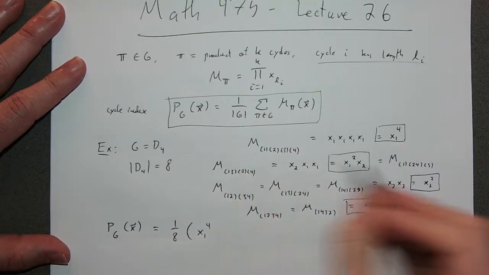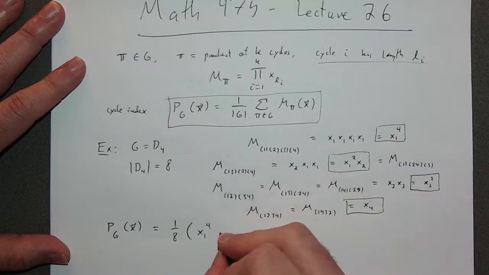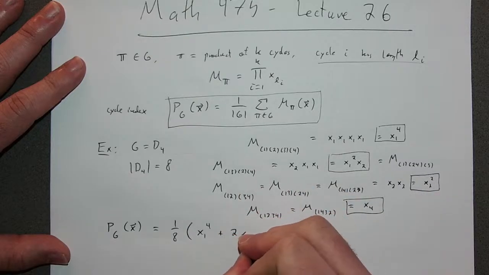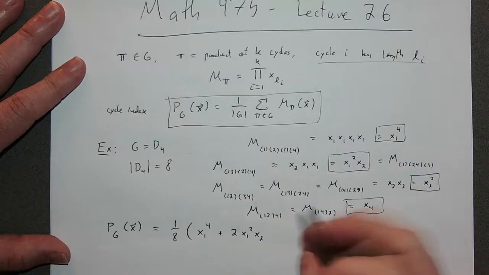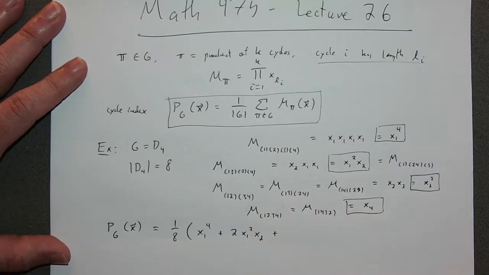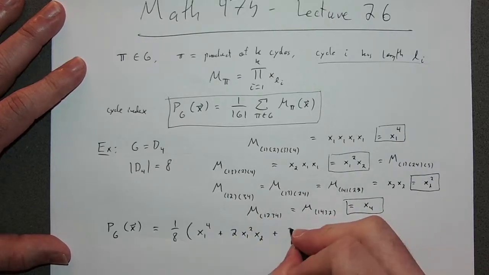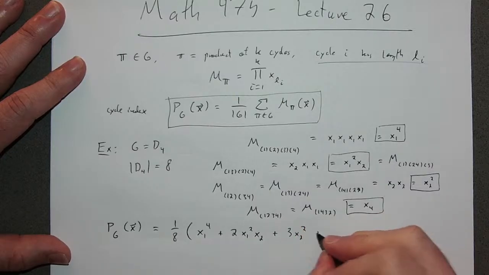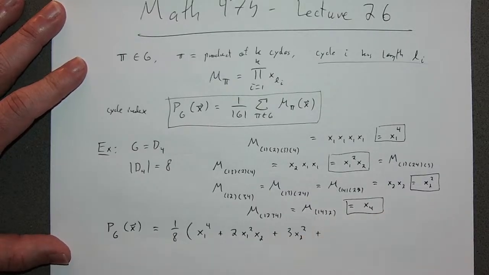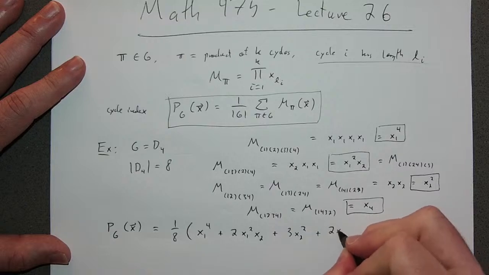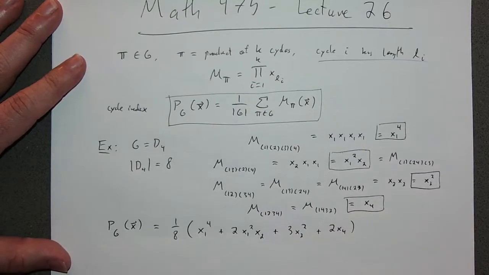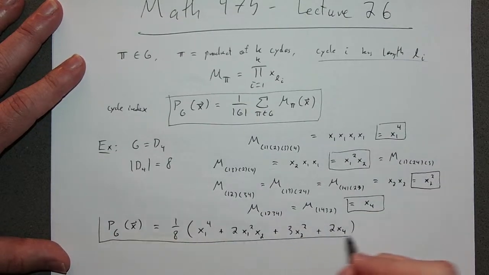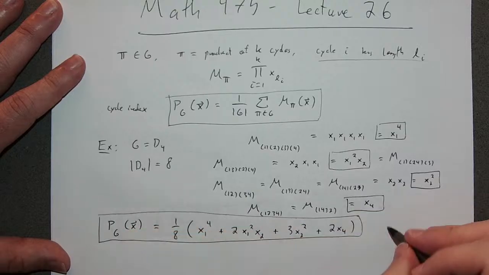I have 2 here, so that's plus 2 times x sub 1 squared, x sub 2, plus I have 3 of these, so this is plus 3 x sub 2 squared, plus I have 2 of these as well, plus 2 x sub 4. This is my cycle index for G.